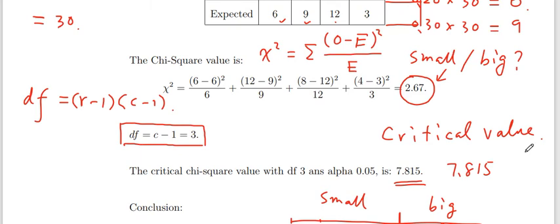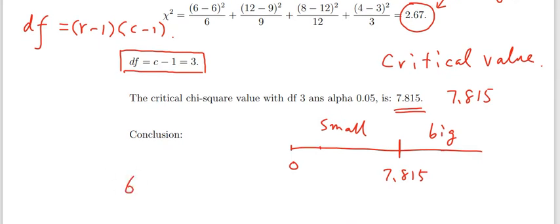If it is a small number, we can get our conclusion: the difference is small, meaning the observed data and the expected data, or our assumption or the model, differ very little, so they are quite the same.